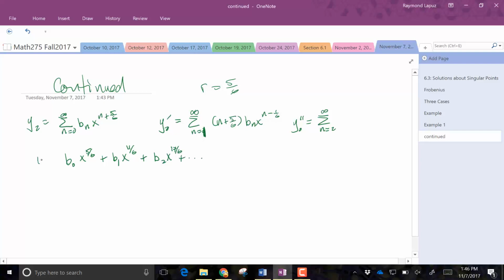So if this is y sub 2, then y sub 2 prime is going to be 5/6 b sub 0 x to the negative 1/6, plus 11/6 b sub 1 x to the 5/6.